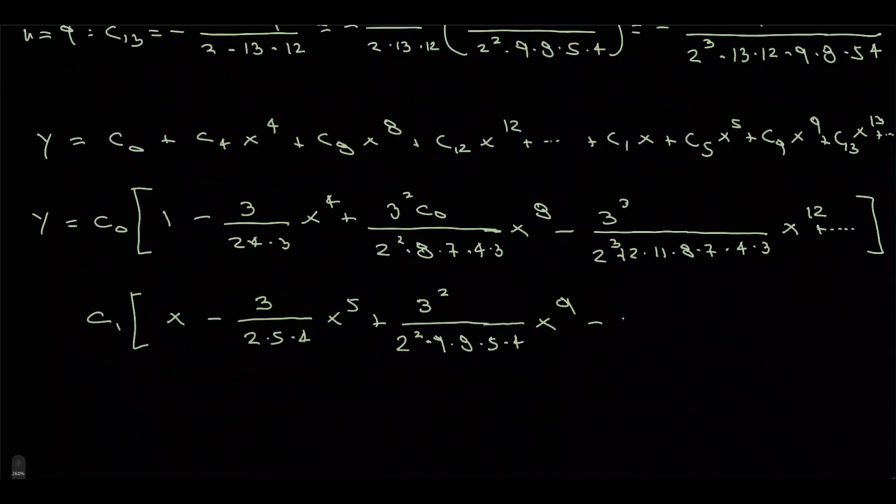I'm just going to bring it: 3 cubed over 2 cubed times 13 times 12 times 9 times 8 times 5 times 4. All right, and that is x to the 13th power. And then plus infinitely many terms.